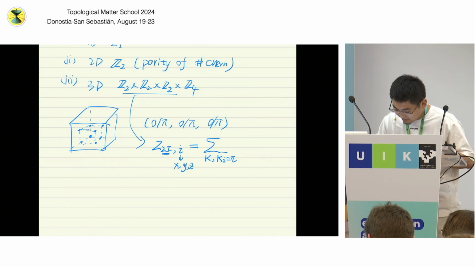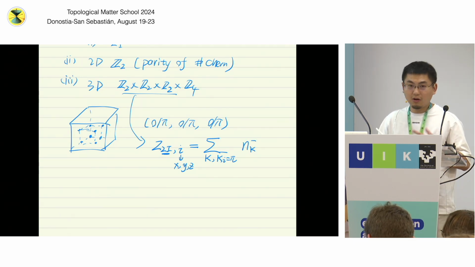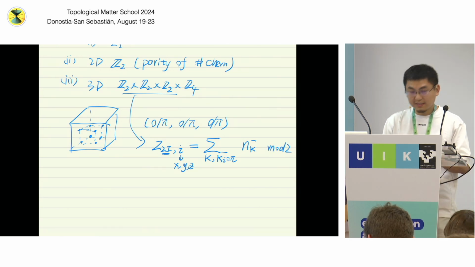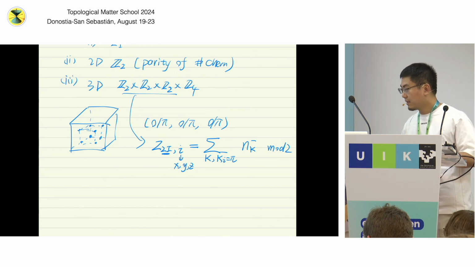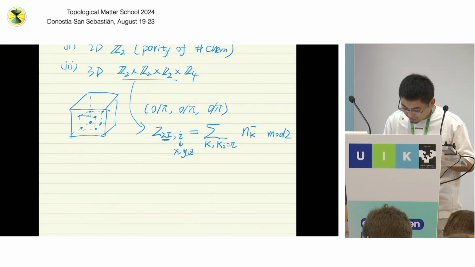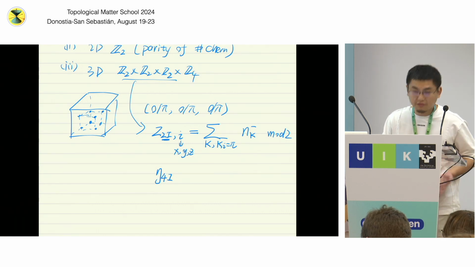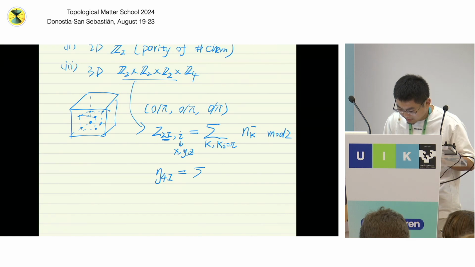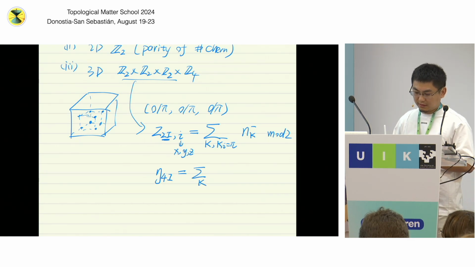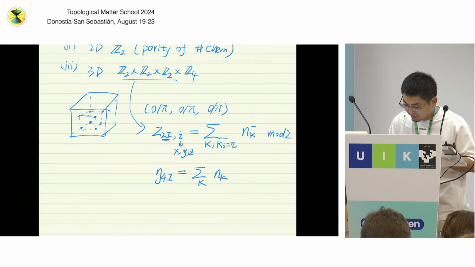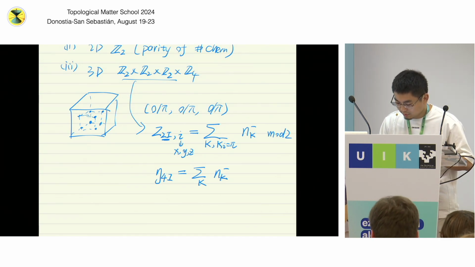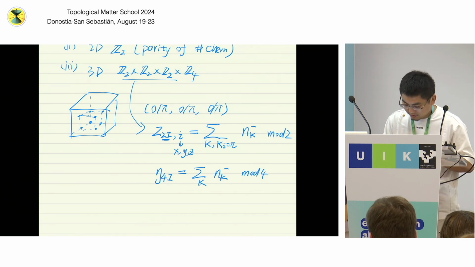And we count the number of odd occupied levels, and then we mod 2. So these are the 3 Z2 factors. And the Z4 factor is given by this eta 4I. So basically this 4 means it's a Z4 valued indicator. And its expression is given by the number of occupied odd levels over all the high symmetry momenta, mod 4. So these are the results.